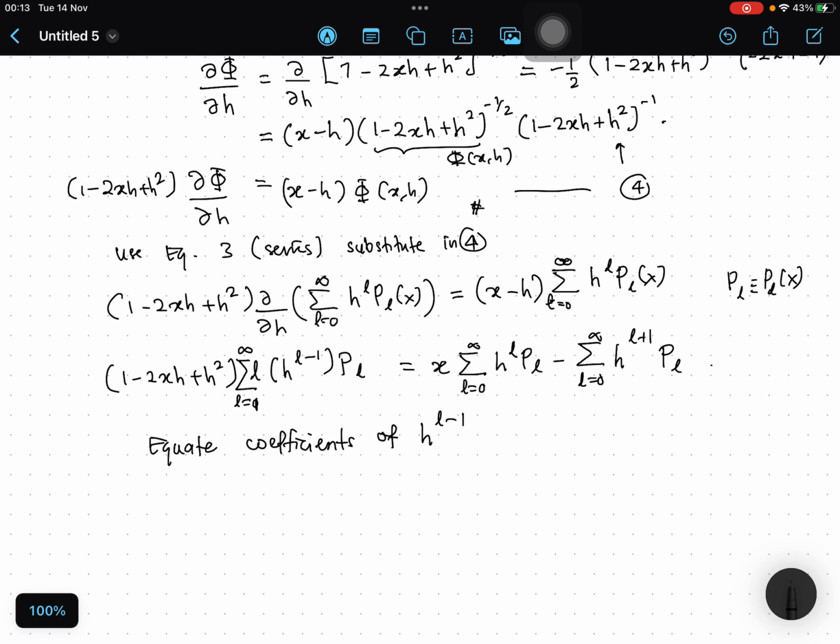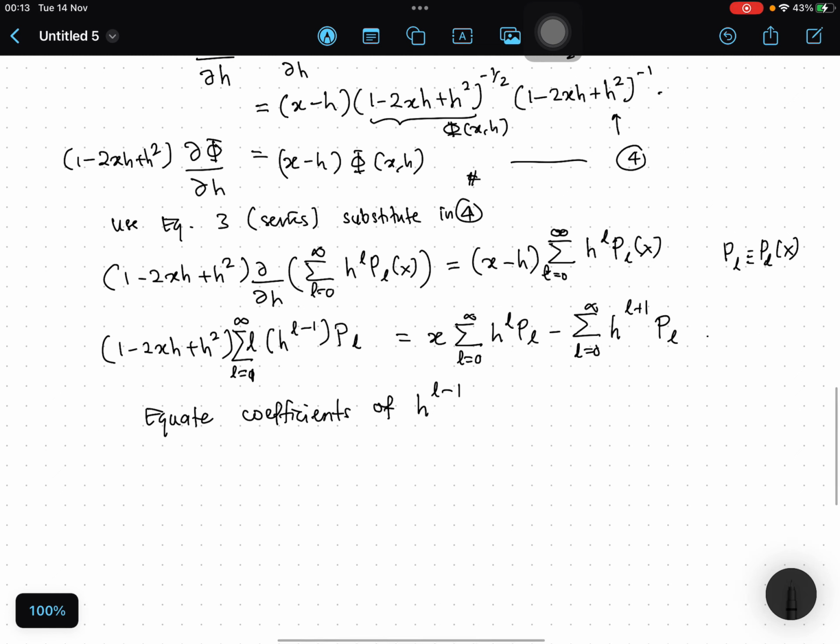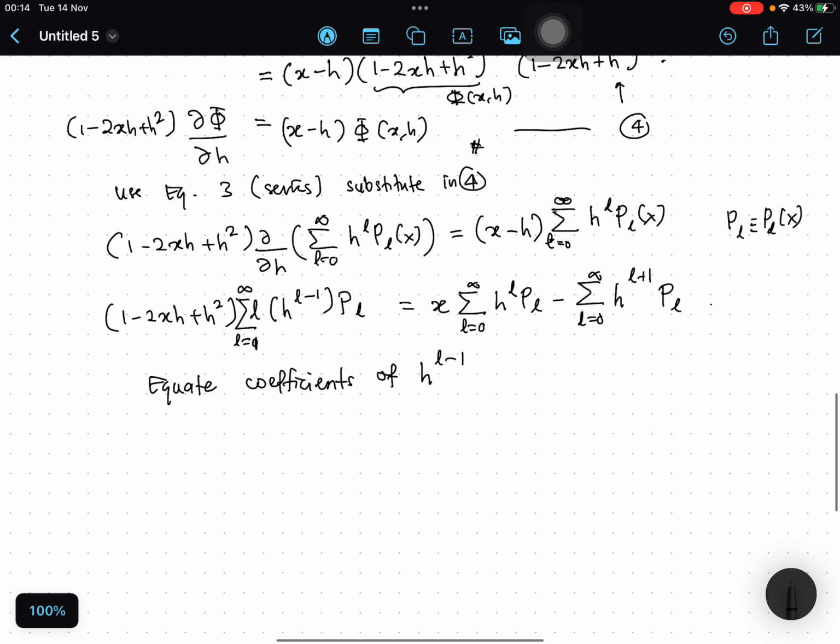Remember, we want the sum and also the power of h on the same footing. So you can expand first the left hand side.